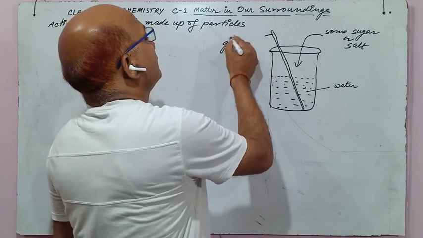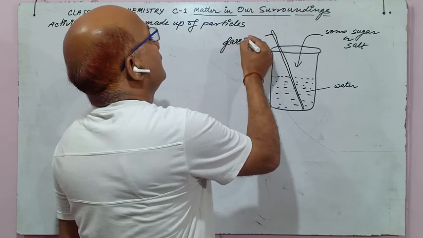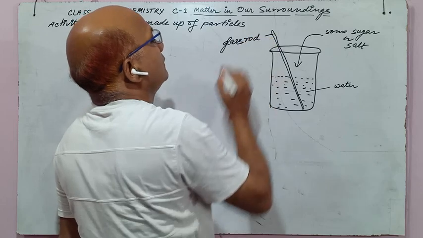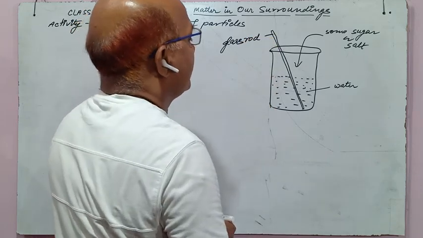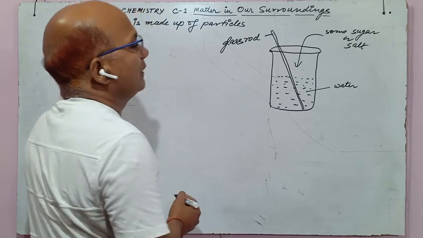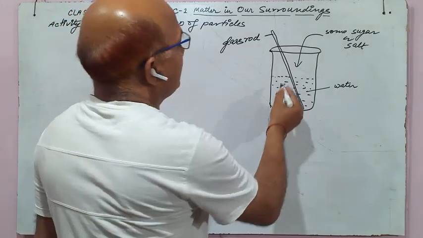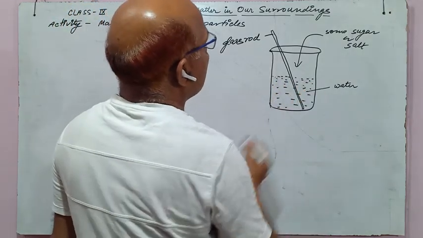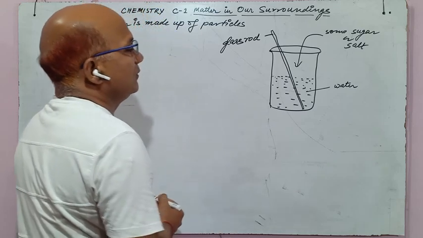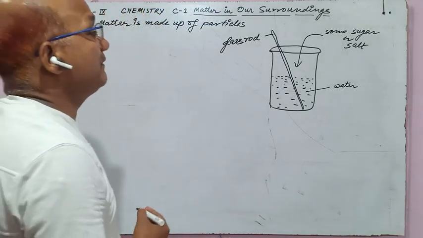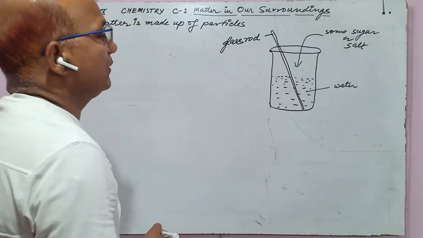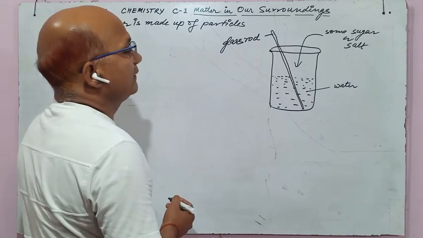This is the glass rod, and then again note the level of water. What do you find? You will find that the level of water does not rise.